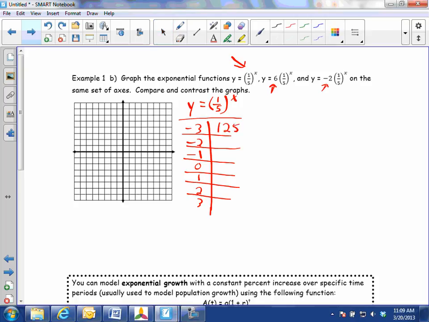You're going to have to put them in parentheses or go 1 divided by 5 equals and then take that to the power.